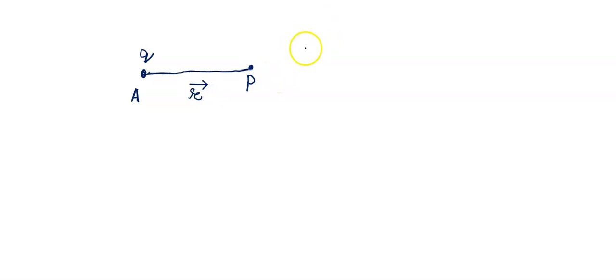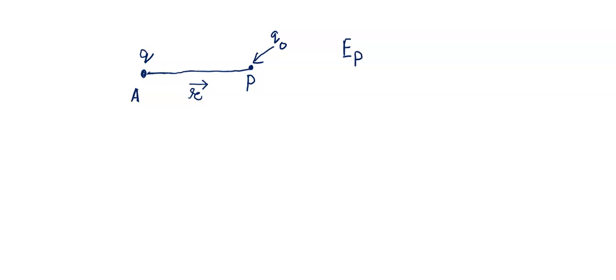Now we have to find the electric field intensity at this point P, E_P. So how will we do that? First of all, we will keep a test charge q naught on this point.